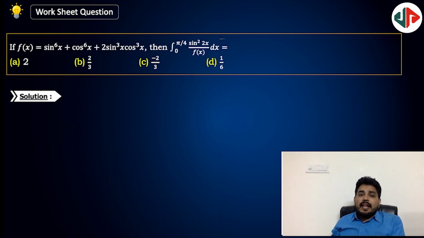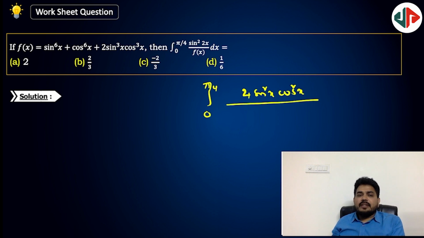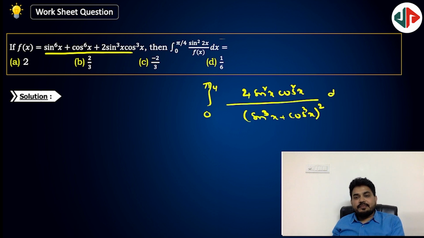So the integral from 0 to pi by 4 of sin square 2x is equal to 4 sin square x cos square x by sin power 6x, which I can write as (sin cube x plus cos cube x) whole square dx.